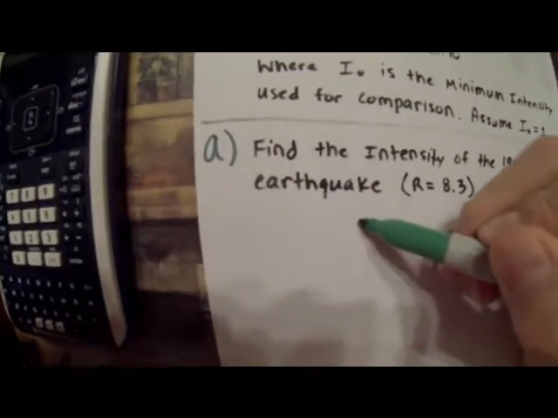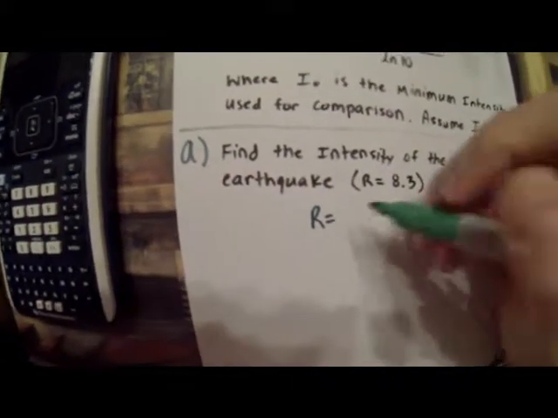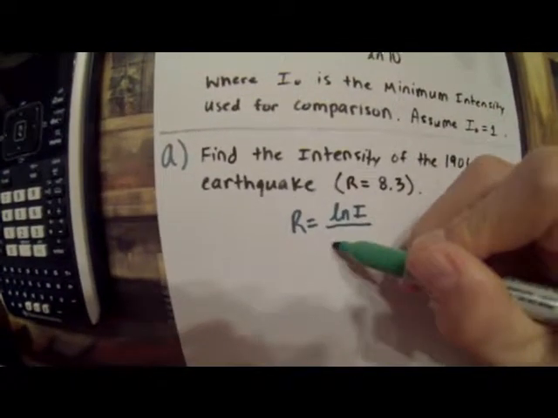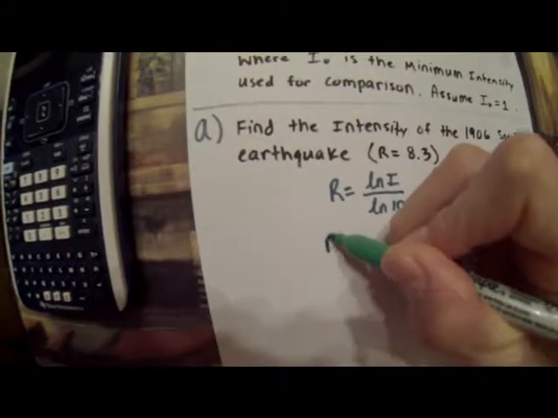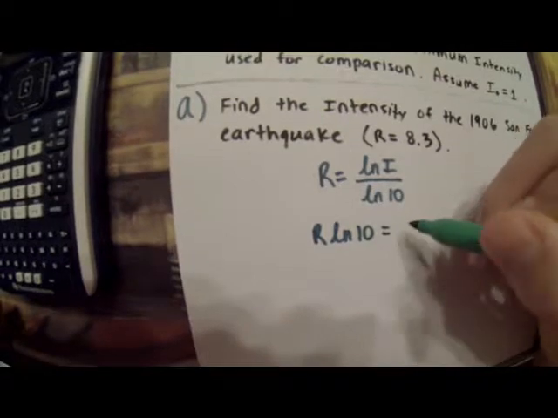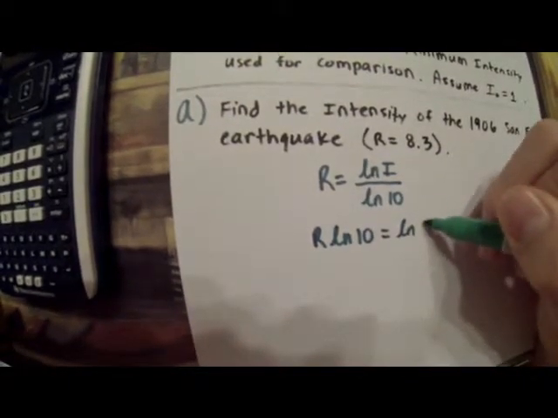So R equals ln of I over ln of 10. R ln of 10 equals ln of I.